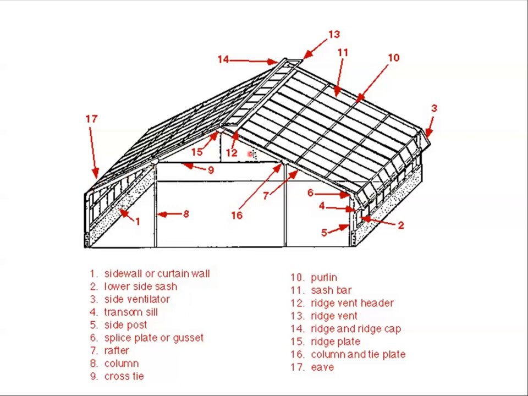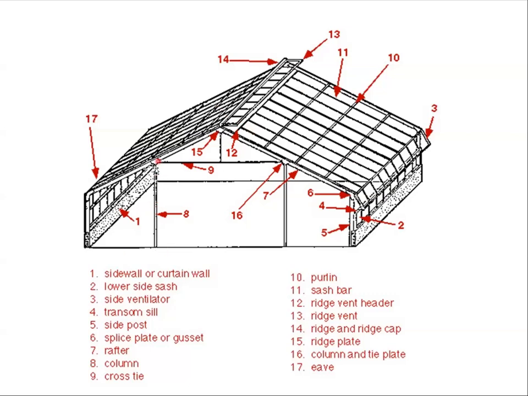And these are all terms that are widely used in building construction as well. These are the rafters of a structure. Typically, you would have some rafter tails in a normal inhabitable structure. This is just the terminology for the framework and portions of a greenhouse.